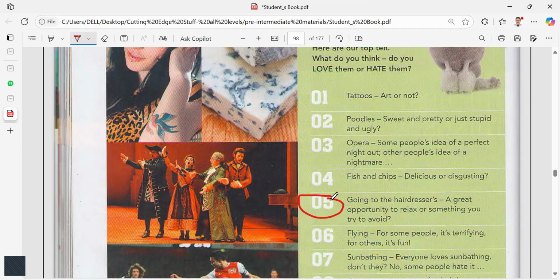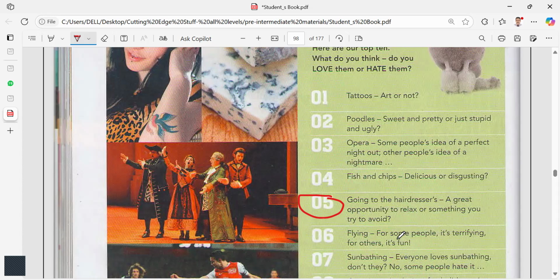Let's see. What else? Flying. I think that's definitely a love it or hate it thing. People usually have strong opinions about it, don't they? Do you like flying? No, I don't. You know, one of my oldest friends lives in the United States, and I'd love to visit him one day. But the problem is, I'm really afraid of flying.